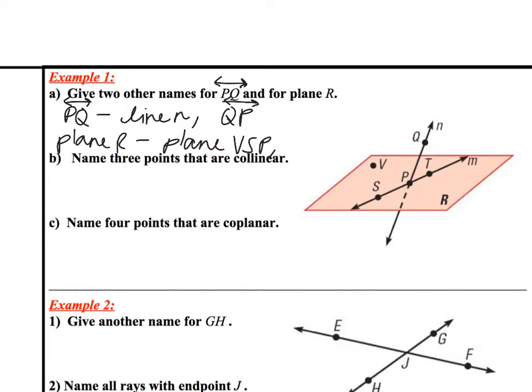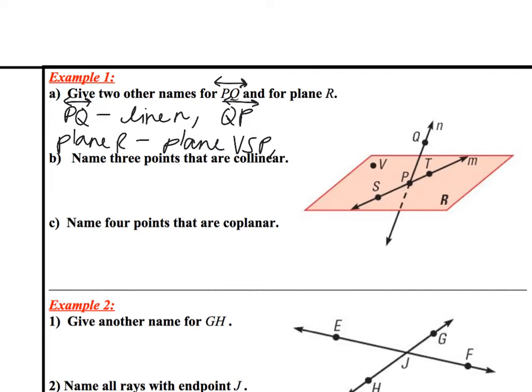And then there's one other name we could have for it. Well, multiple, really, but you can include one more point in that. Yeah, Maddie? No? Q, do you see how Q is actually above the plane? So this is hard to envision, so we'll do this tomorrow. That's a line that's been stabbed through a plane.